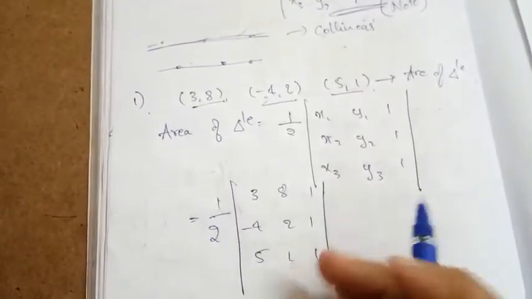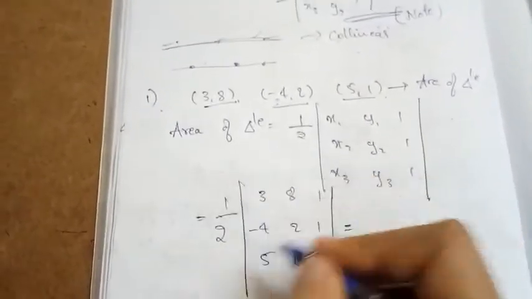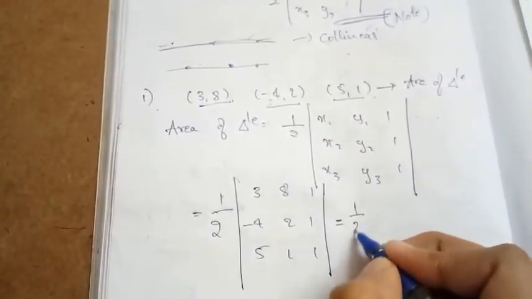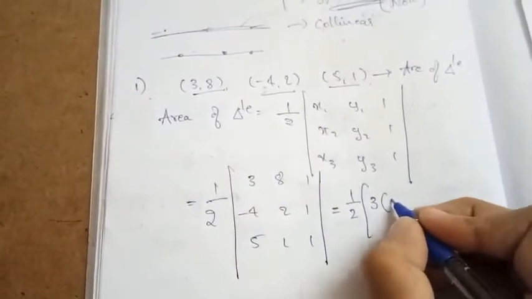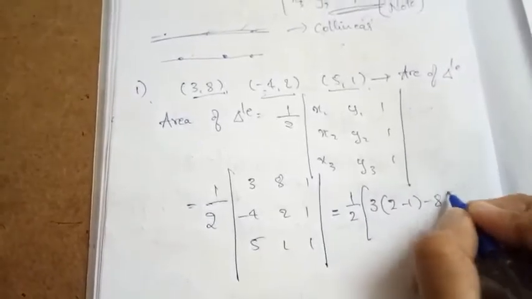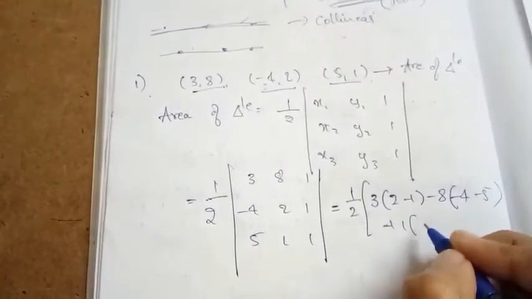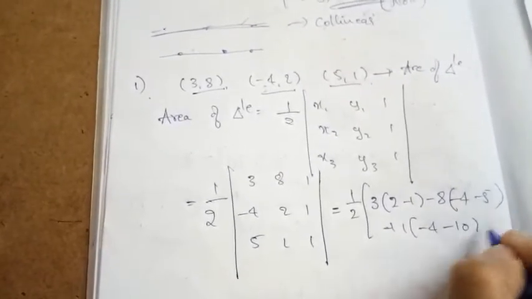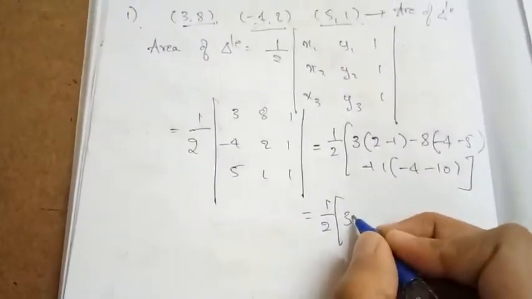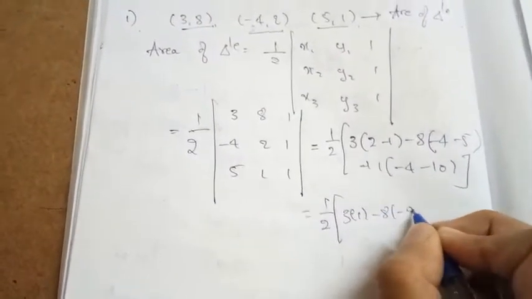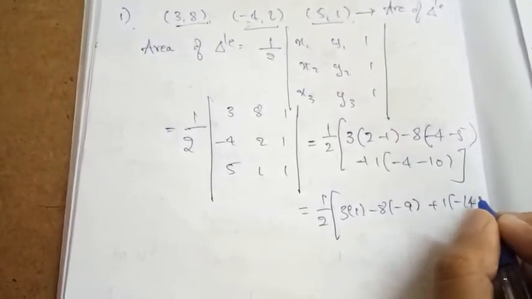Now by expanding along any one row or column, let us find the value of this determinant. I am expanding along the first row. So half of 3 of (2 minus 1) minus 8 of (minus 4 minus 5) plus 1 of (minus 4 minus 10). Now the value is half of 3 into 1, minus 8 into minus 9, plus 1 into minus 14.